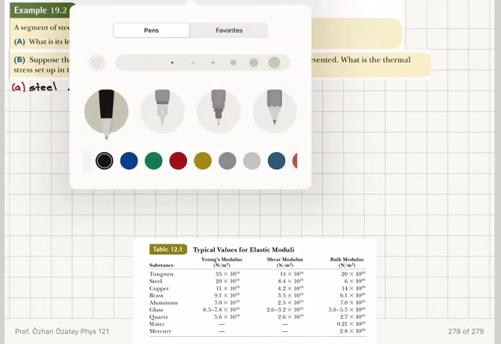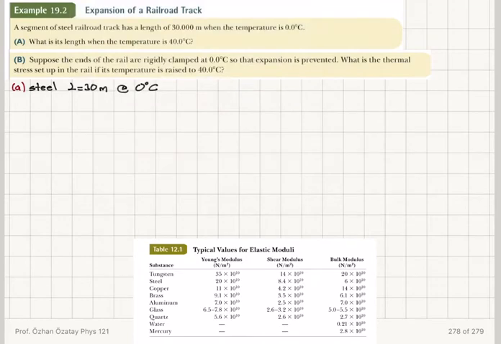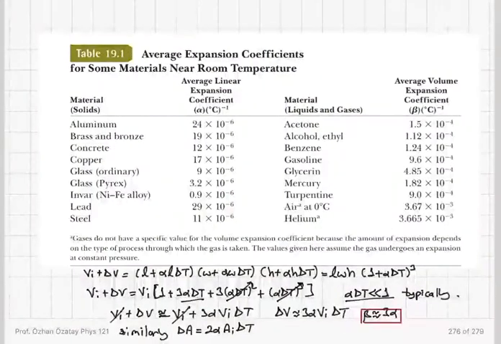Well, there will be a change in length, delta L. It will be due to alpha steel times the initial length times delta T. And I have to find out what the coefficient of expansion for steel is, so I can look that up from this table.